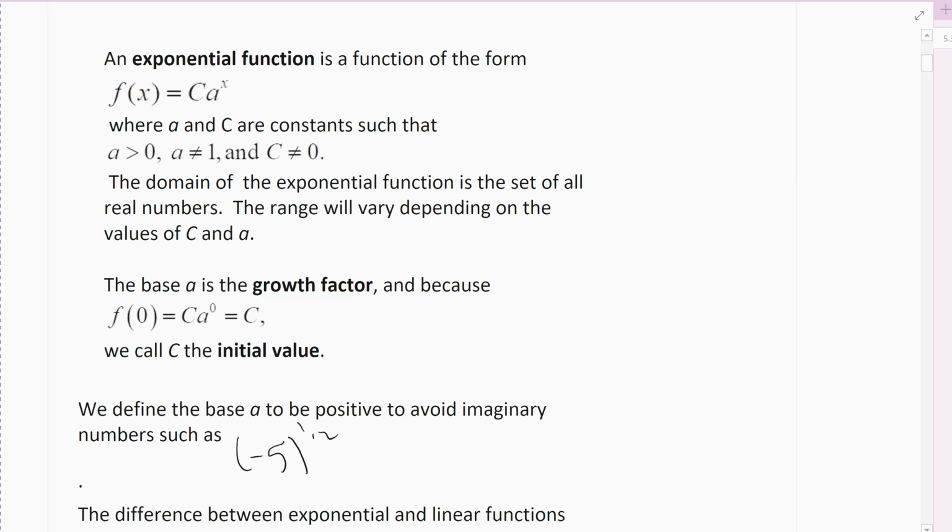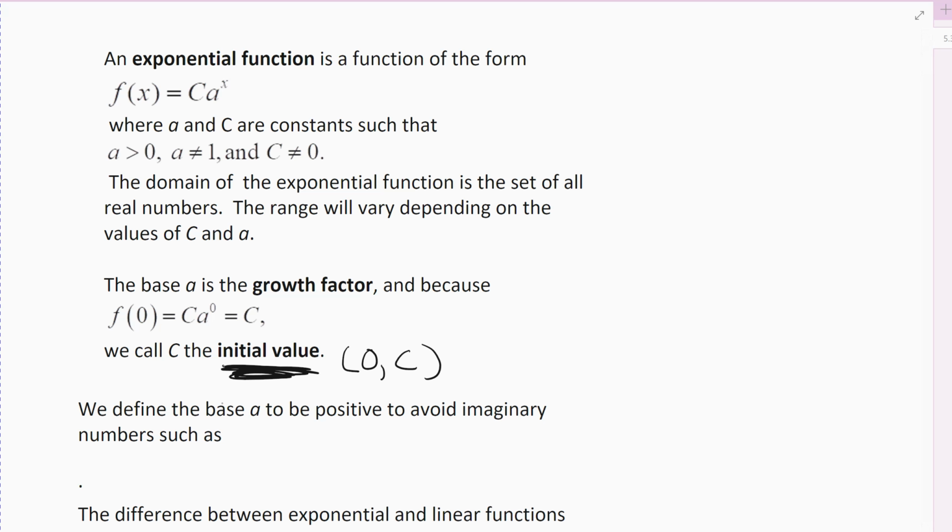Whatever it is you're multiplying out x times. The initial value, so when you see that in a problem, is always whatever that c is. It would be the initial point (0, c). If I take any base a and raise it to 0, anything raised to the 0 power comes out to 1.